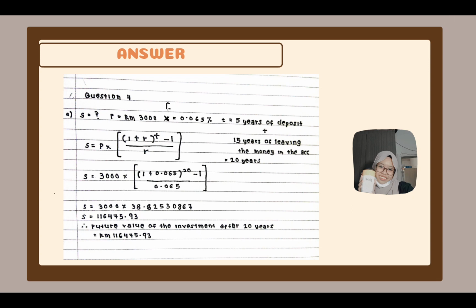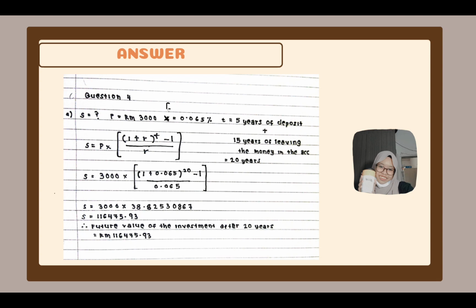Now, let's do the work step by step with me. S equals to 3000 multiply in bracket 1 plus 0.065 close bracket power of 20 minus 1 over 0.065.